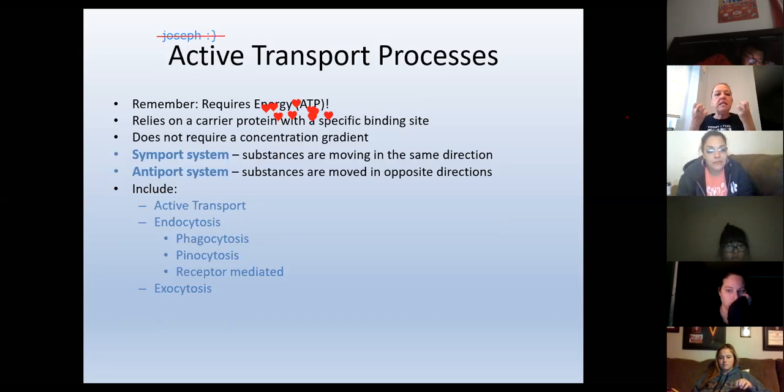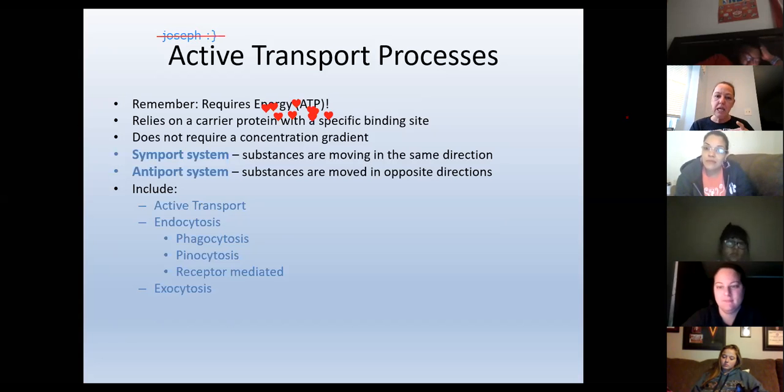To bring stuff into the cell, now I need you guys to visualize your little cell like a little person. I've got some processes here. Phagocytosis. Does anyone remember what the medical term is? To eat. My cell is eating. I'm eating my Fruit Loops.